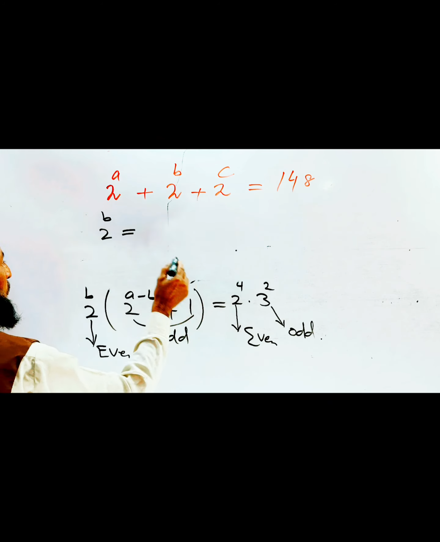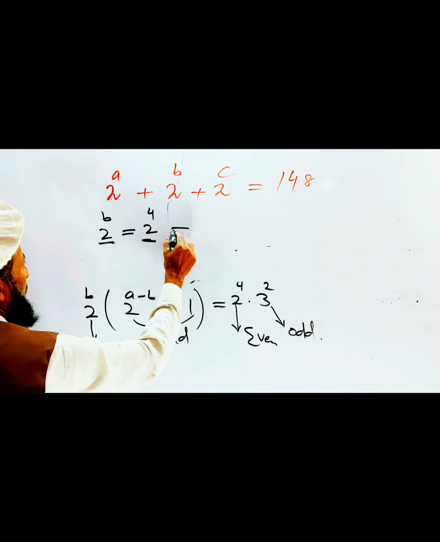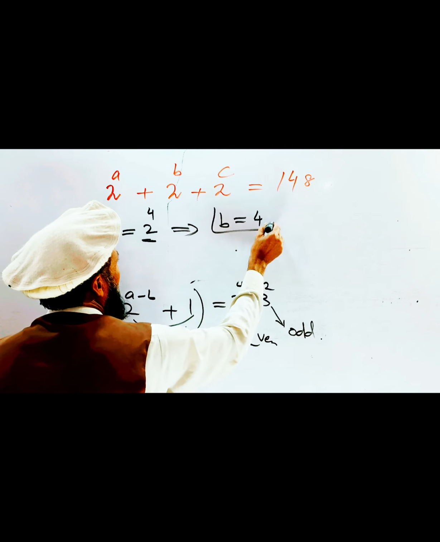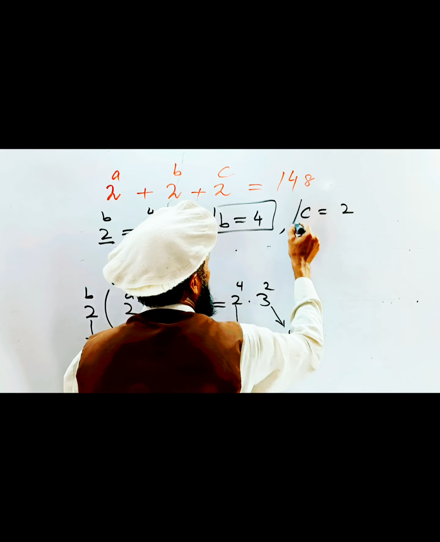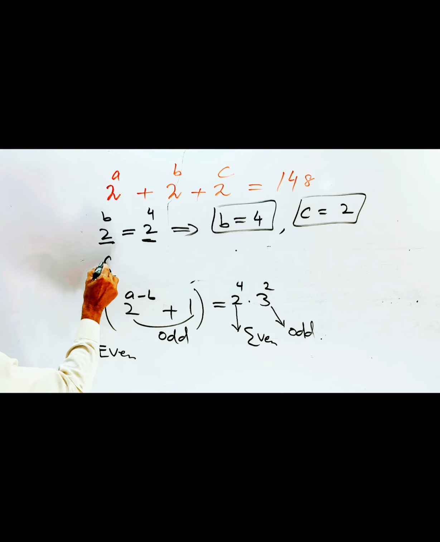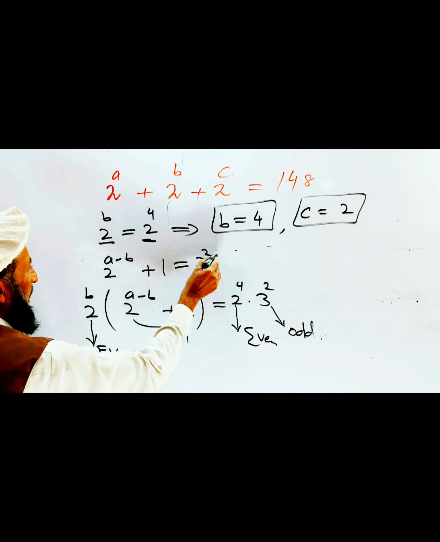2 exponent of b is equal to 2 exponent of 4. Again the bases are the same, so we compare their exponents and we get the value of b, and c is equal to 2, which we have already found. Now 2 exponent of a minus b plus 1 is equal to 3 square.